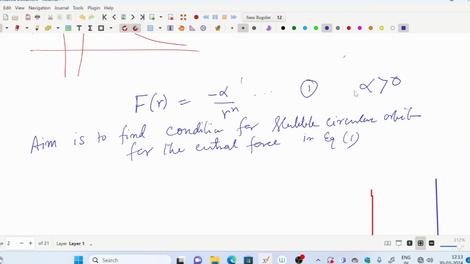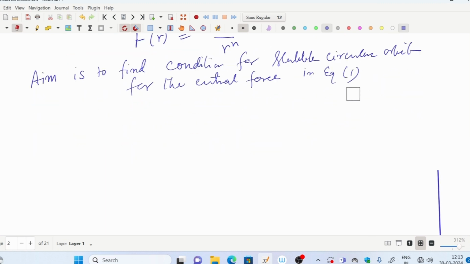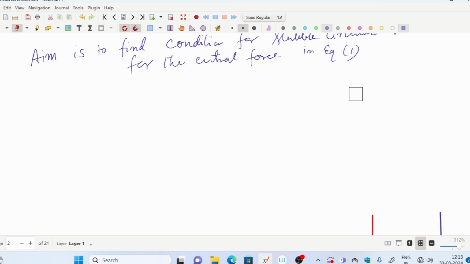Okay, so let us perform this. We have to make sure that the minima where del U effective del r equal to 0 is the true minima of the system. If it is a true minima, then it will be a circular orbit.